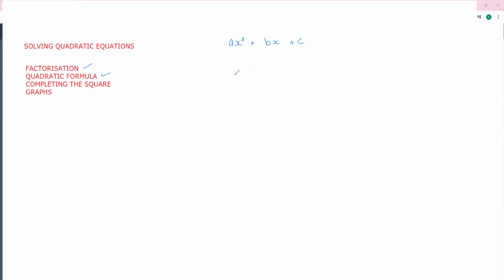Now, the first step that you must do is be able, in your quadratic, to identify what is x, what is a, what is b, and what is c. So let's say they gave us this one.